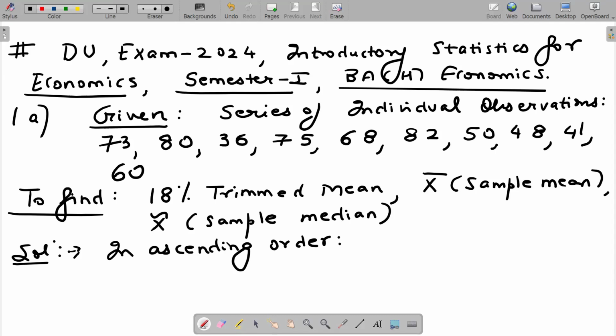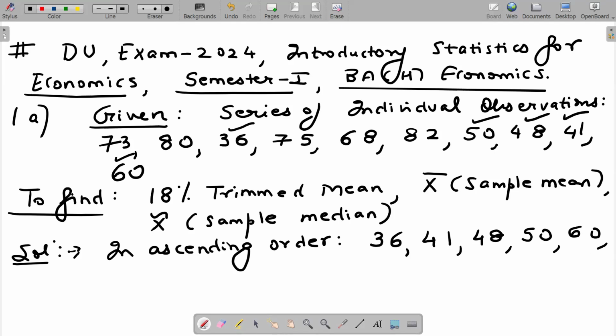The smallest value is 36, then we have 41, then 48, then 50, then 60, then 68, then 73, and then 80, and finally 82.